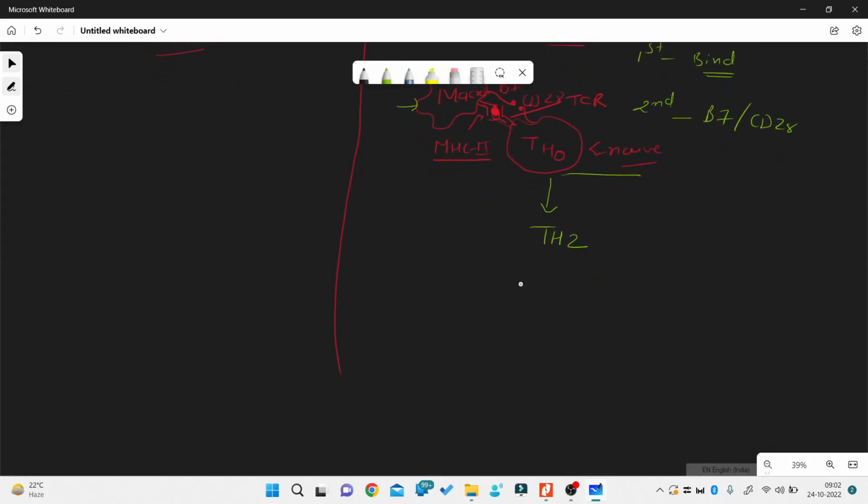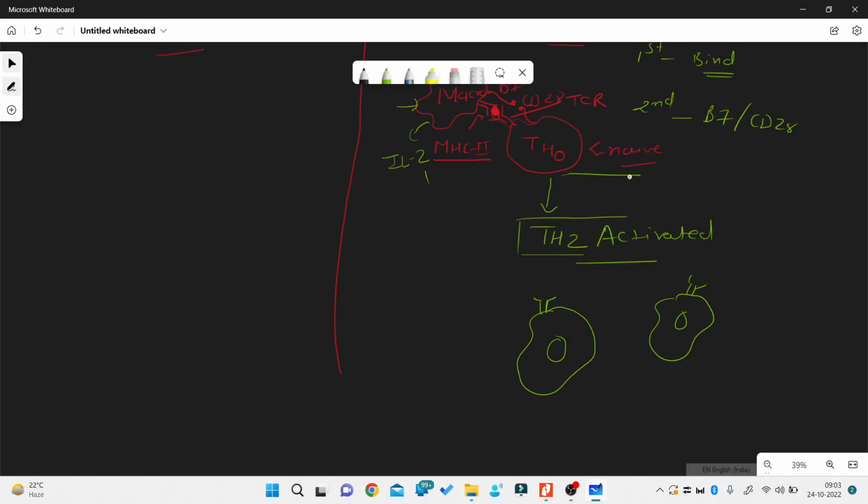So this TH2 is now activated. Meanwhile, this macrophage releases certain kinds of interleukins like interleukin 2 and 1. This is your activated T helper cell, and you will see the number of copies of this activated T helper cell here.